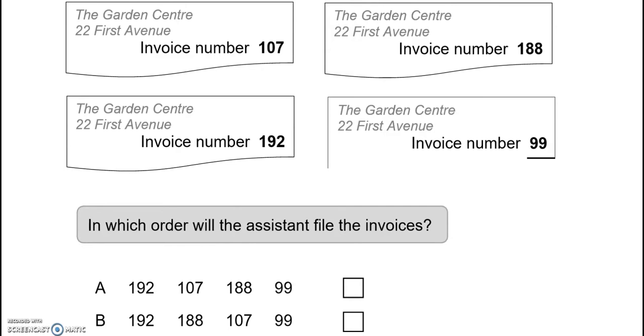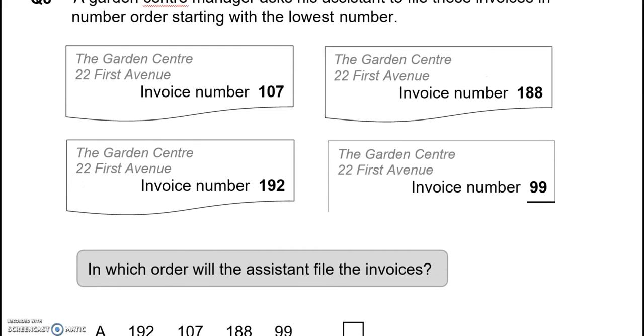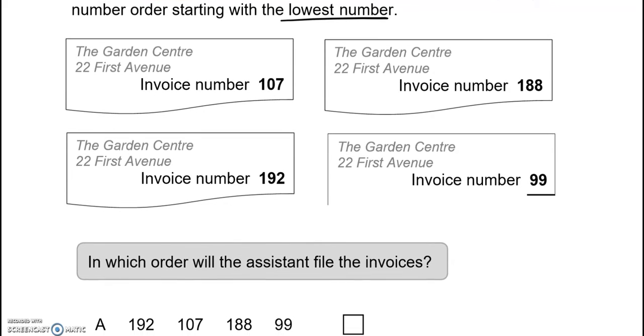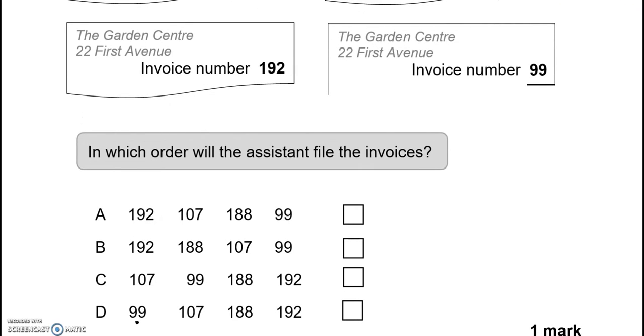So we're looking for a row that starts with 99. There we go. So 99, 107, 188, 192. They go up. So D is the correct option.